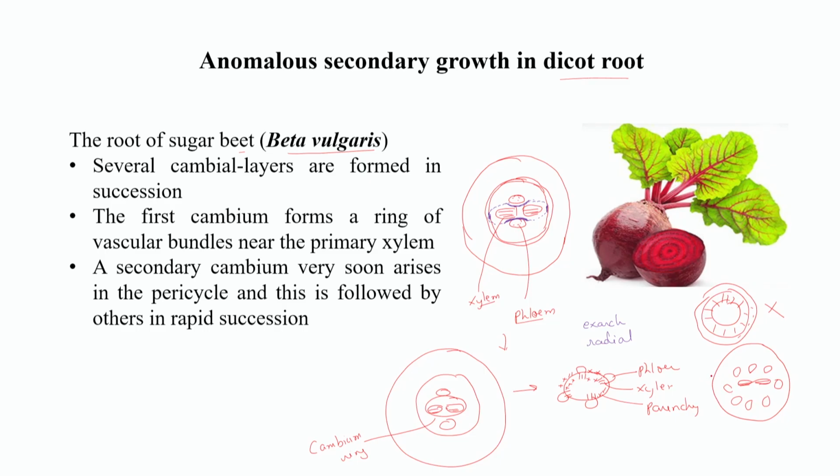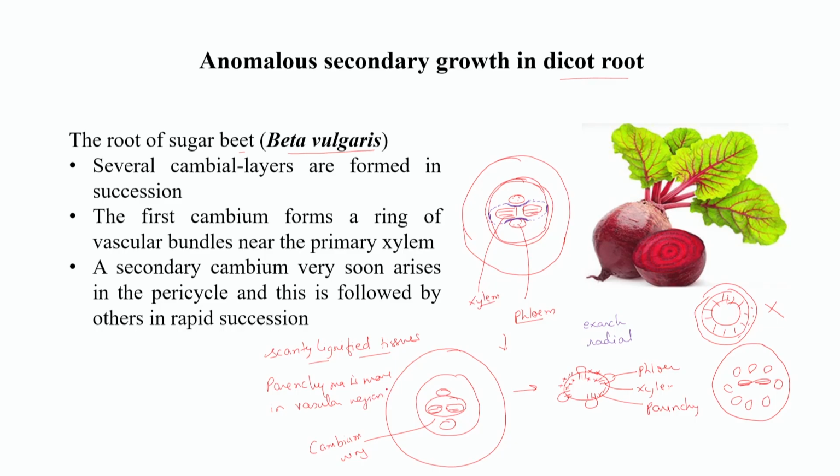Now in this root also, because it's a storage root, definitely the lignified tissues are very scanty. Okay, the lignified tissues are not as much. Like in xylem, you don't have that much lignification, and mainly there are parenchymatous tissues. Okay, parenchyma is more in the vascular region.